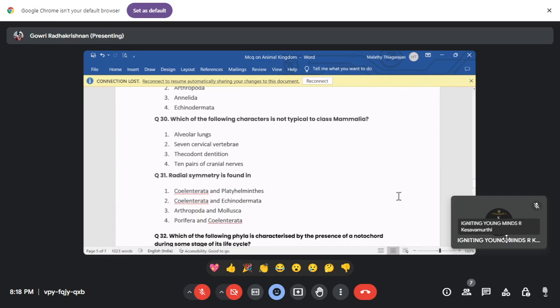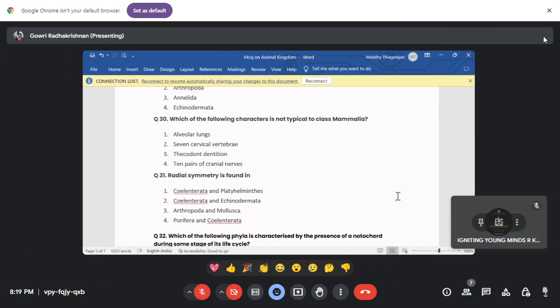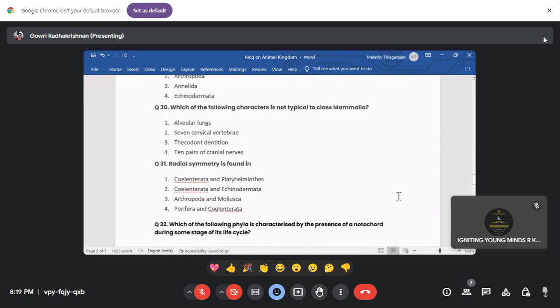Which of the following characters is not typical to class Mammalia? About the cranial nerves, ma'am. 10 pairs of cranial nerves. Right, correct. Radial symmetry is found in? Coelenterata and Echinodermata, ma'am.